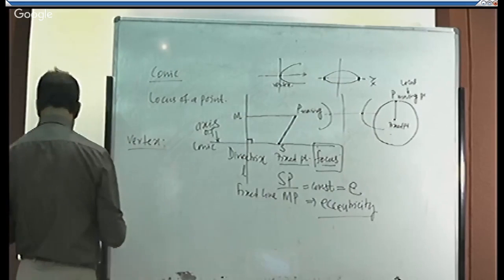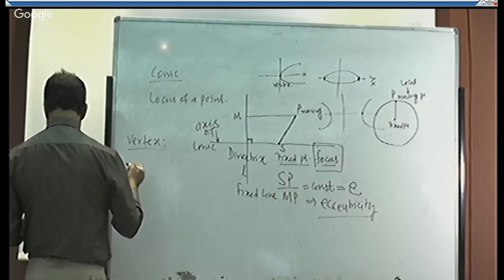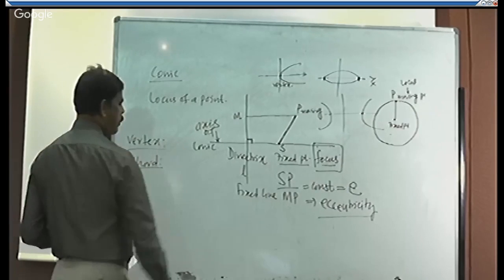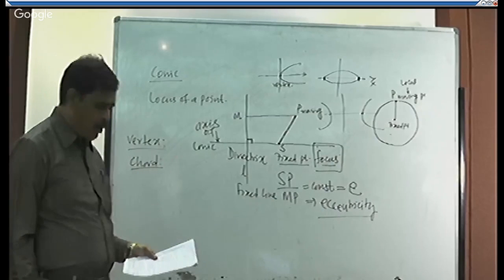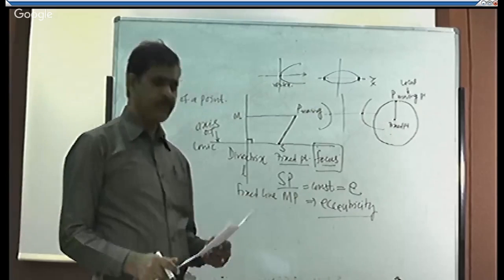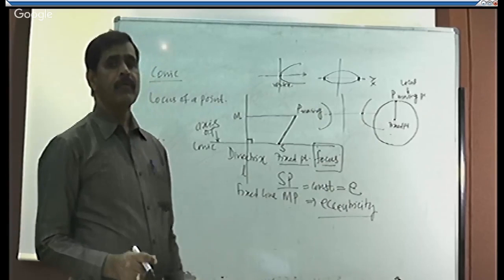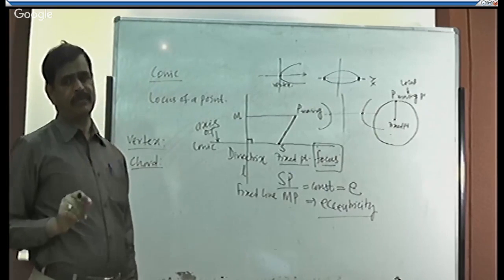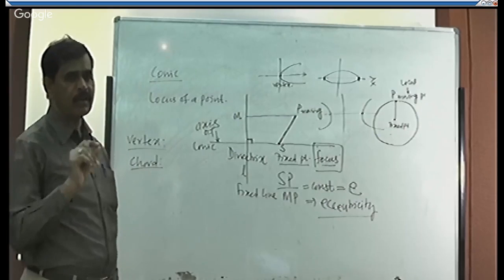Next important definition, chord. A chord is the straight line joining 2 points on the surface.